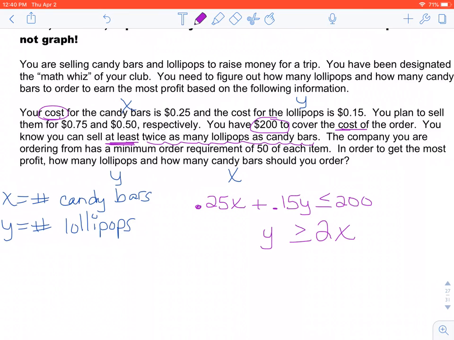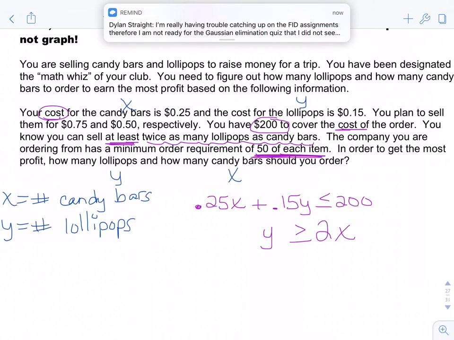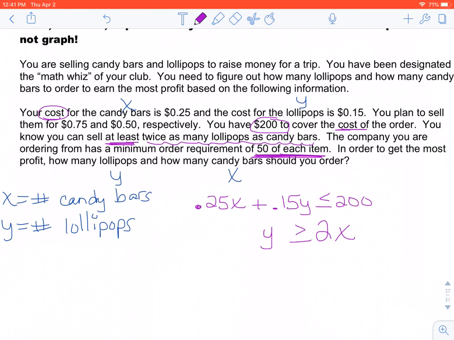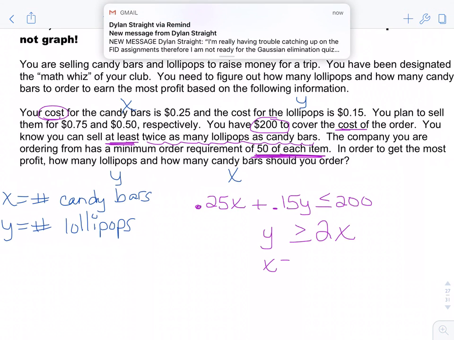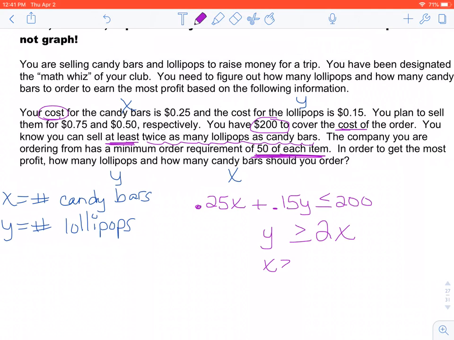The next sentence says the company you're ordering from has a minimum order requirement of 50 of each item. So minimum order means that I have to at least order 50 of each. So 50 lollipops, 50 candy bars.